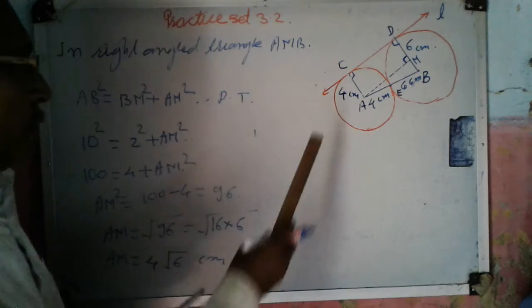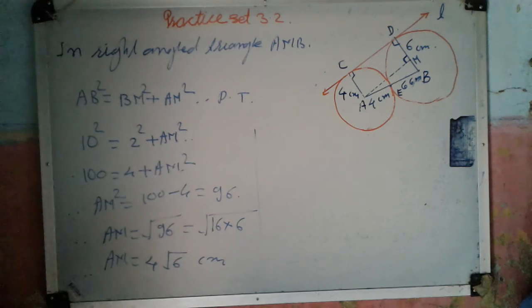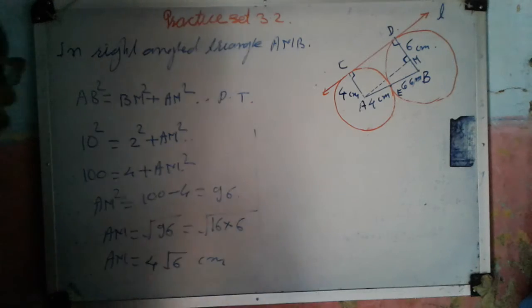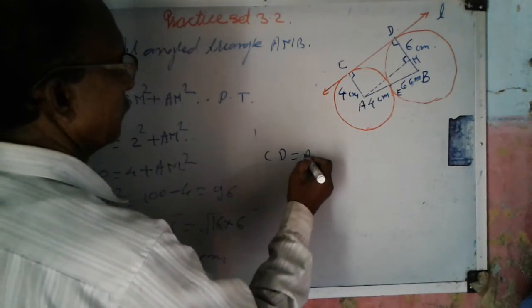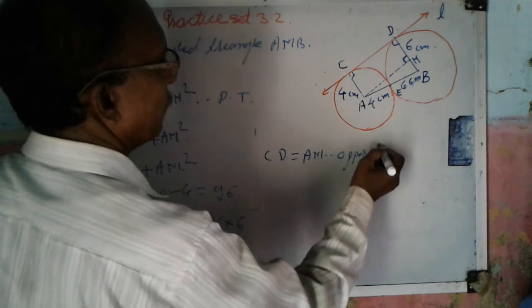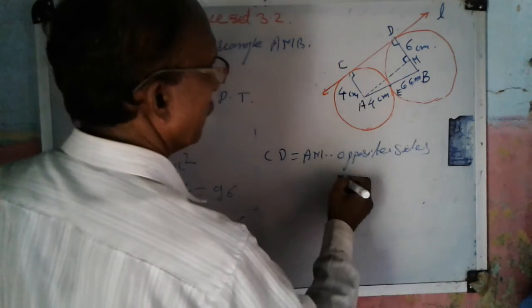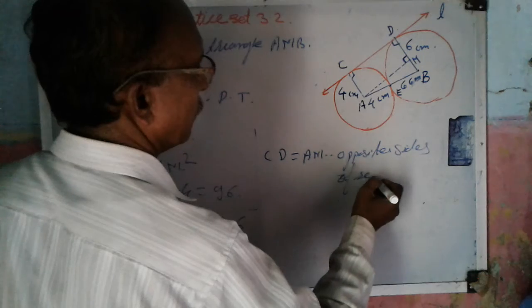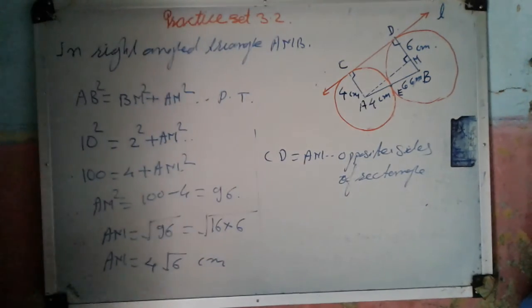But CD is equal to AM because they are opposite sides of a rectangle.